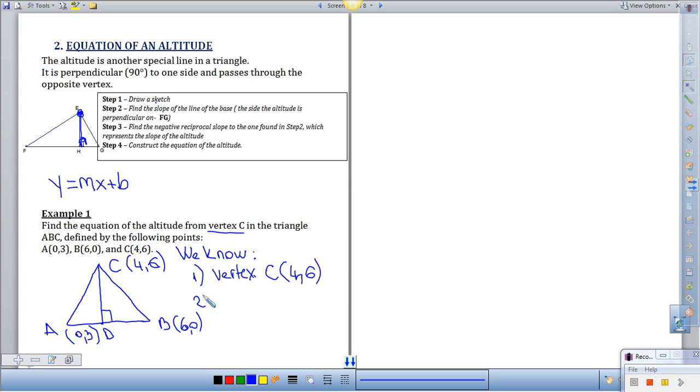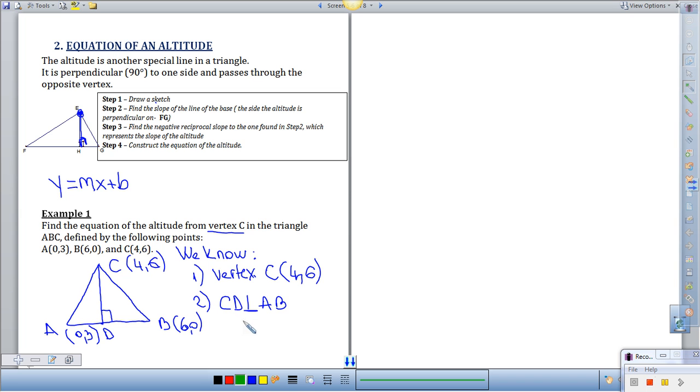And we do know that the altitude is perpendicular on the side that it's intersecting. So we can write that CD is perpendicular on AB. Now, what does it mean for two lines to be perpendicular?